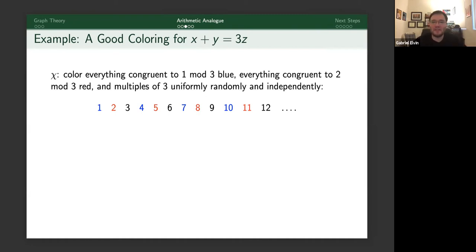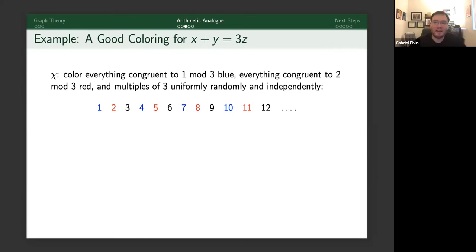Let's color everything remainder 1 mod 3 blue, everything 2 mod 3 red, and every multiple of 3 we'll color uniformly, randomly, and independently. That's just for easier counting purposes. If I say multiples of 3 are random, it's not technically a coloring per se, but we'll see how that goes. So this is what the coloring would look like.